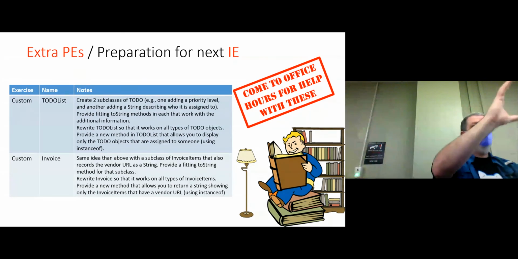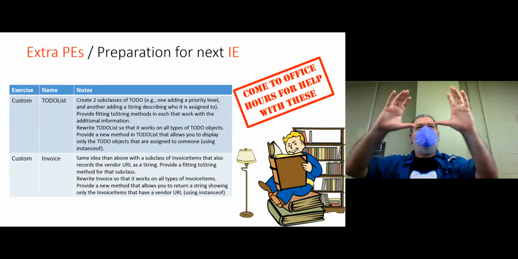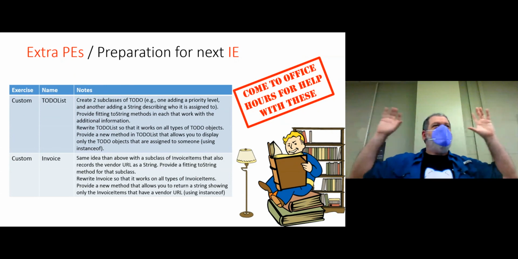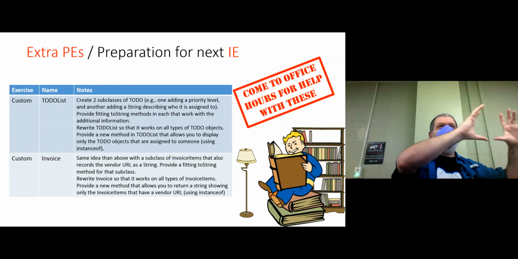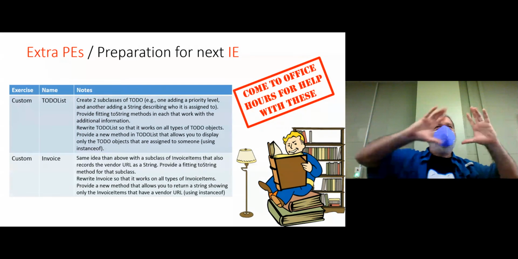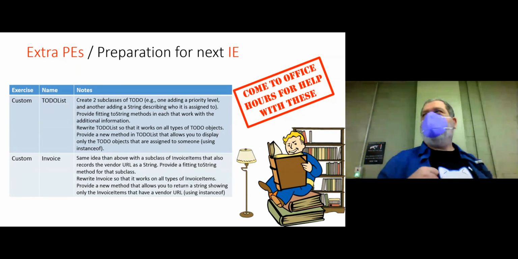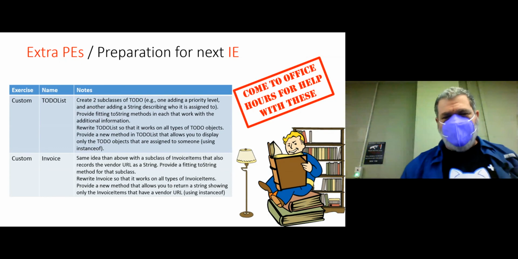So I can have 2 audiobooks, 1 book, and then 3 ebooks in the same list. And for the example of the to-do list, in the same array list, I'm going to have a basic to-do item, then 2 to-do items with priority, then 1 to-do item with assignment, another to-do item with priority, and so on and so forth, and I'm going to mix and match like this, okay?